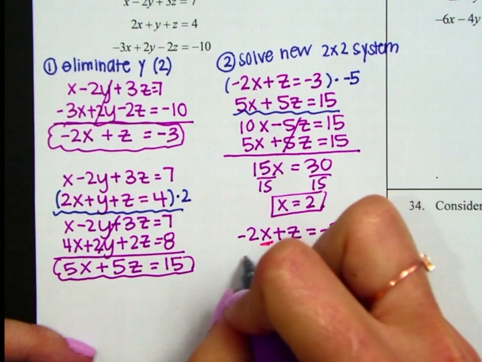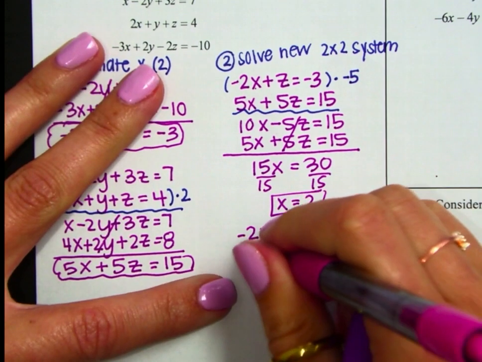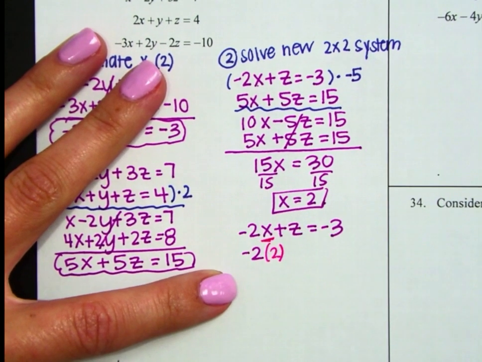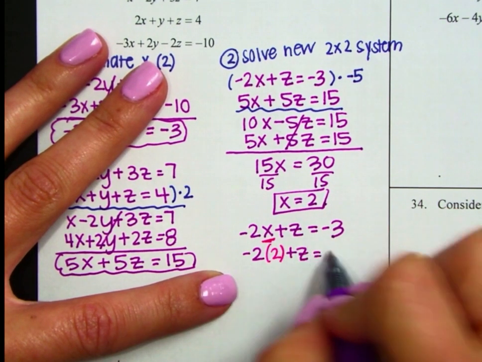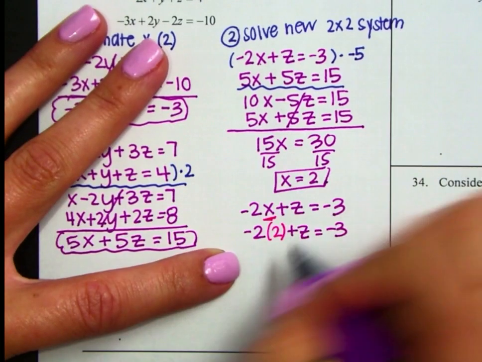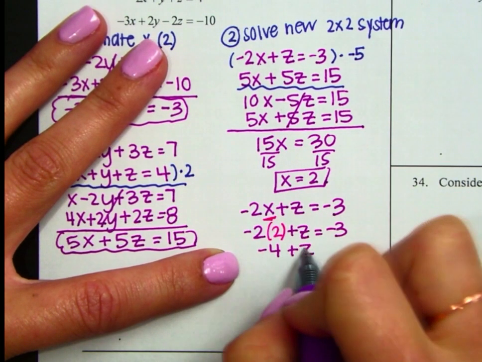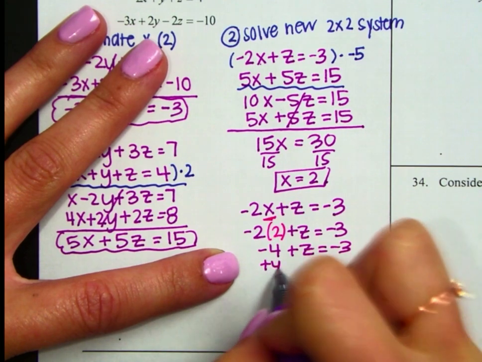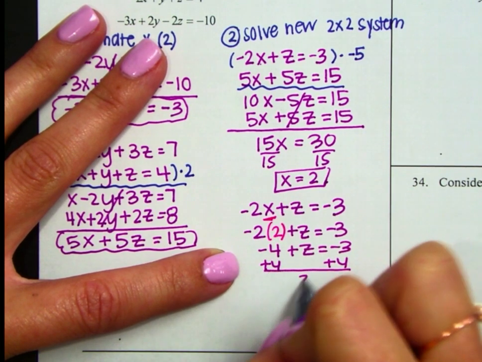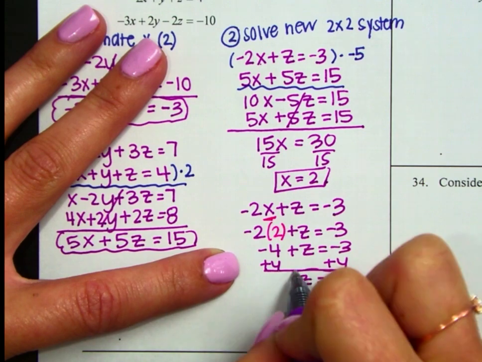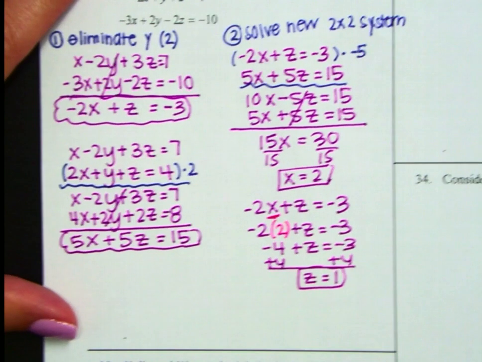Okay, so negative 2 times 2 plus z is equal to negative 3, and I'll be able to solve for z. So this is negative 4, then add it to the other side, and I have z is equal to positive 1. Okay, so step 2 is done.